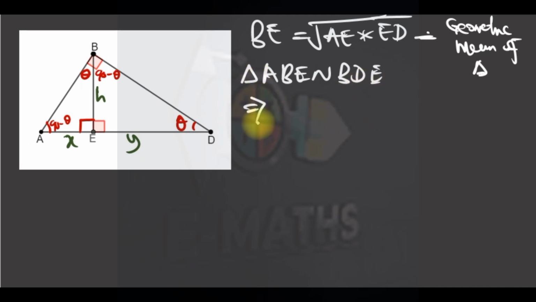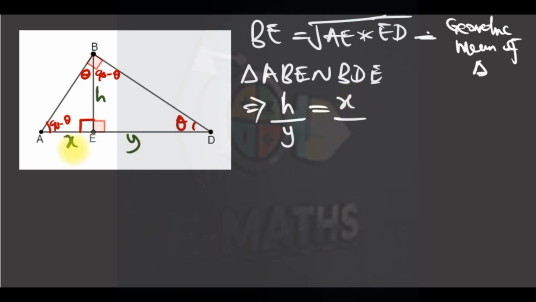Which implies that H, remember 2 triangles are similar if the ratios of their corresponding sides are equal. For this small triangle, 90 minus theta is opposite H. Which side is opposite 90 minus theta? Y. So we have H over Y is equal to X over H, of that same small triangle.